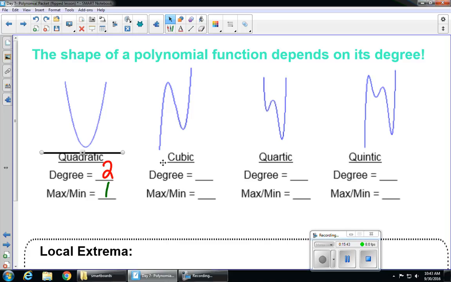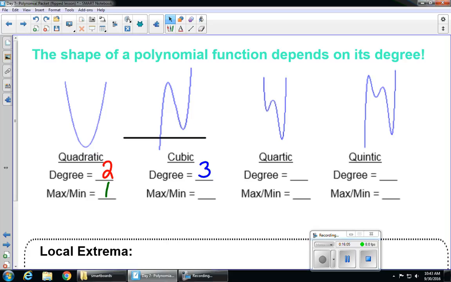So now if we move on to our second graph, this is a picture of a cubic function. A cubic function is degree 3, which means it can have up to 3 solutions, or up to 3 x-intercepts or zeros. So if I take my line and I move it over here, it would have 1 solution.